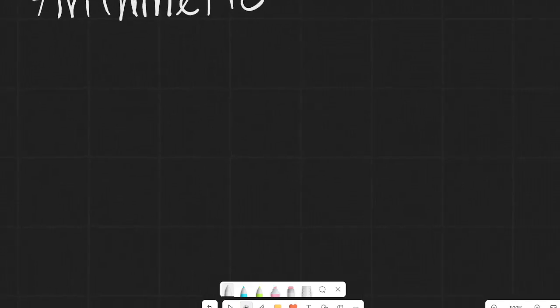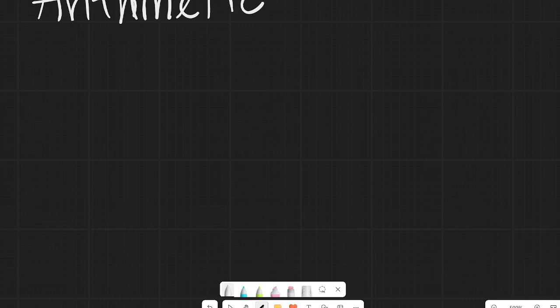So let's just begin. A fraction. What does it mean? What are we talking about? So typically a fraction, you're going to have some number n in the numerator divided by some number d in the denominator.